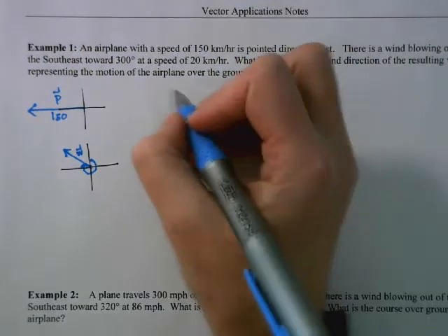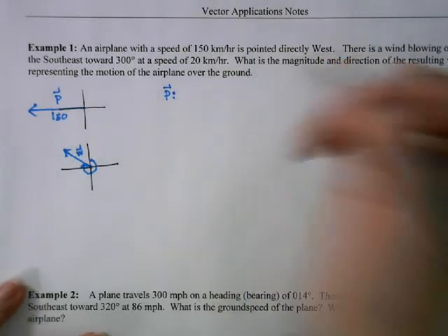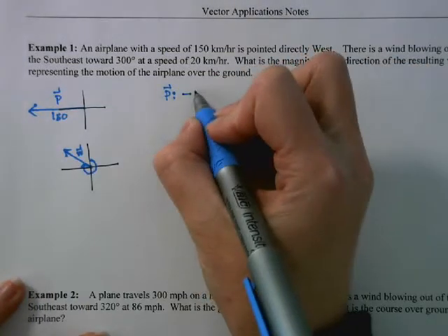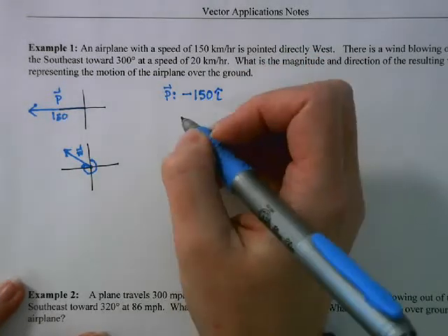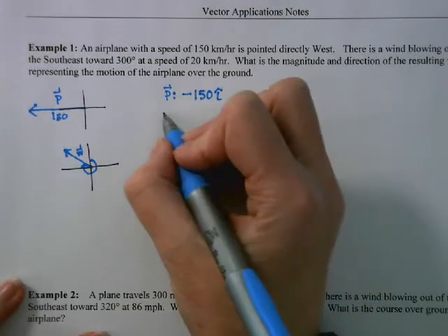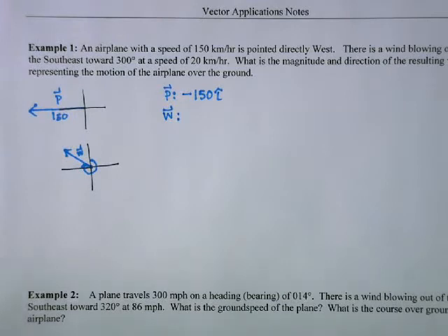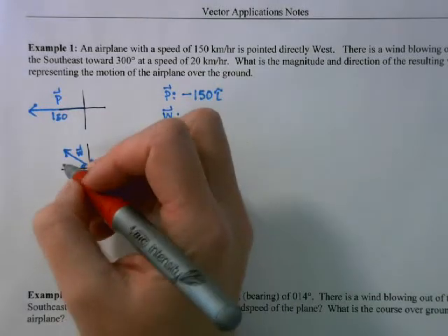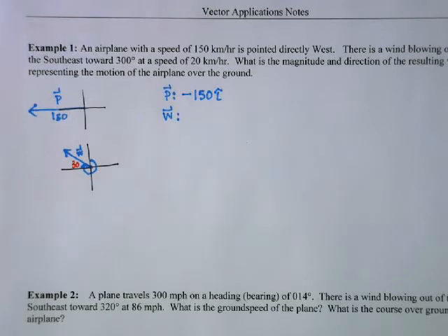Then we're going to break them down into their components. So P, we don't really need to do too much thinking. This one only has a horizontal component, and it's 150. My wind is going to be a negative, positive, but I need the reference angle. If this is 300, that makes this angle here 30.